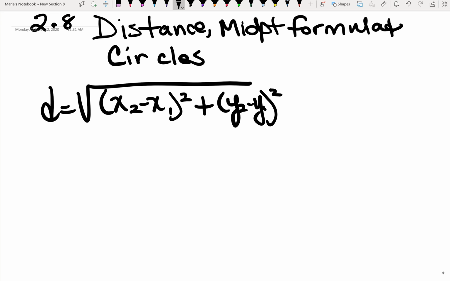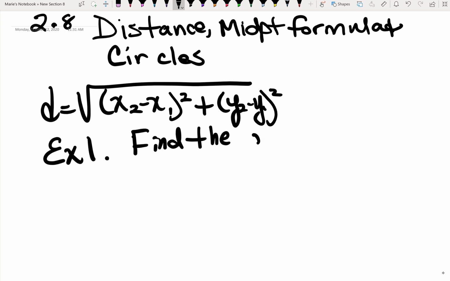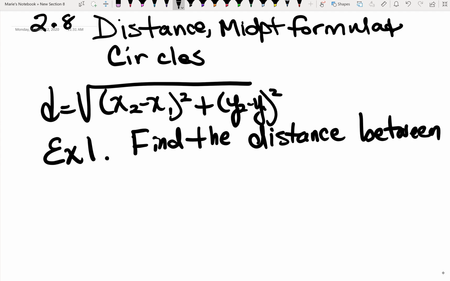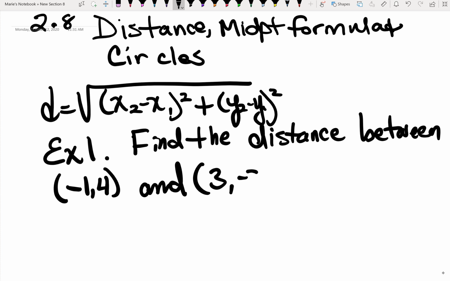And so in example 1, they simply give you the directive. It says find the distance between, then they give you the points -1, 4 and 3, -2.